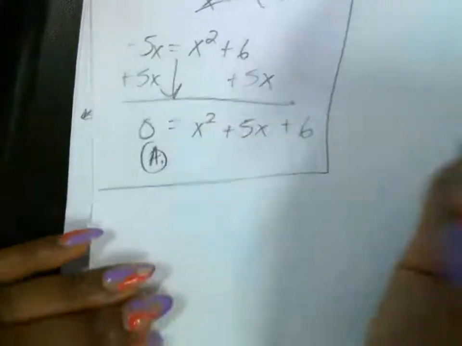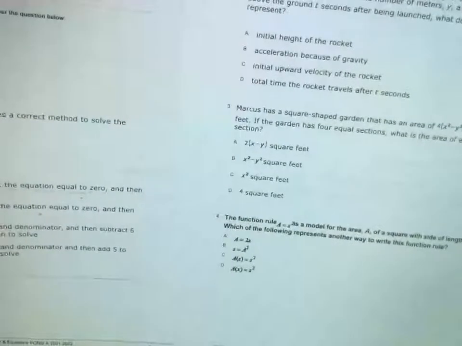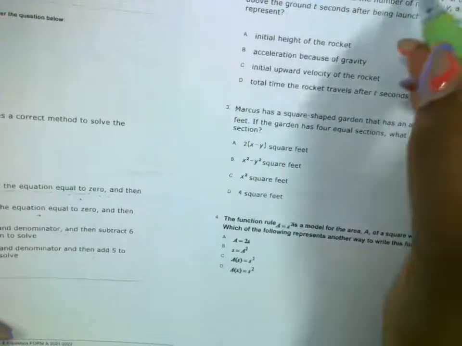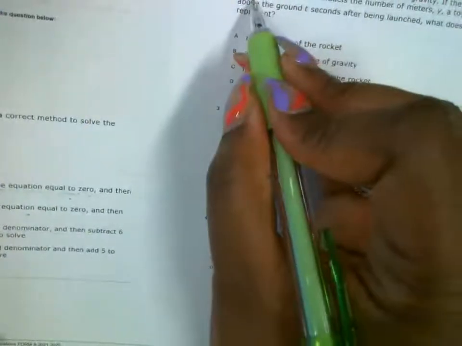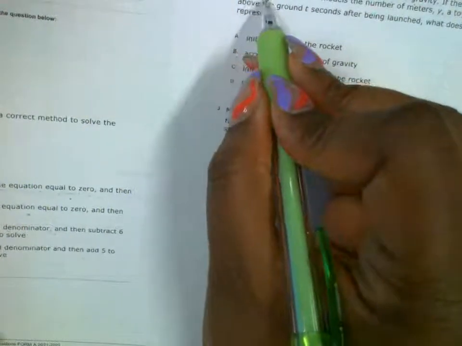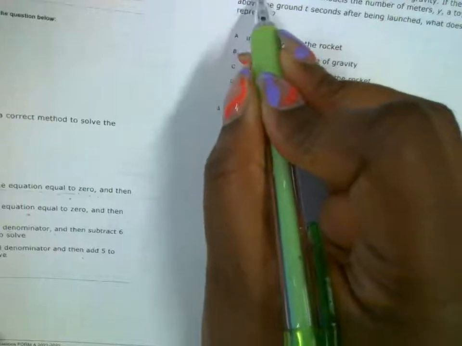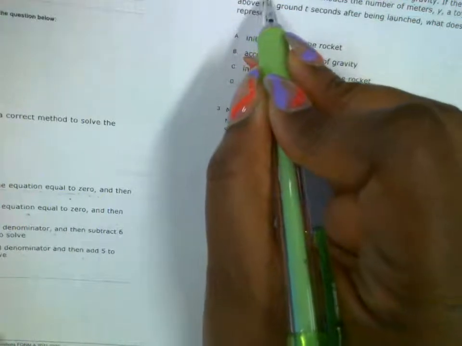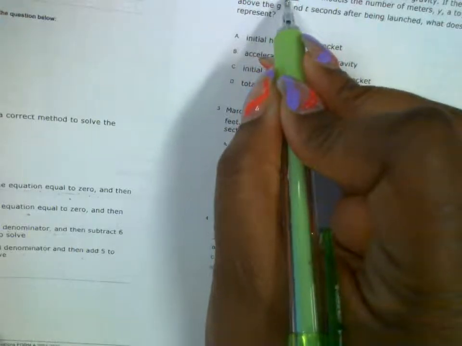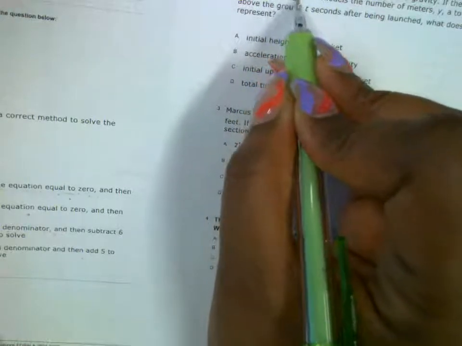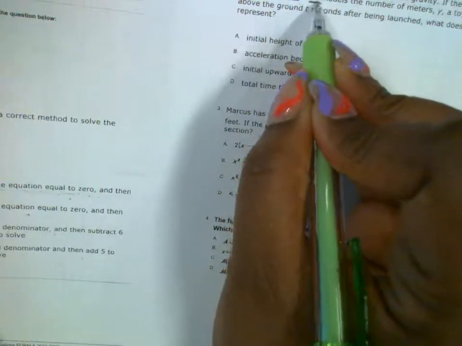All right, I'm going to move to number 2. The height in meters of the projectile involves the object's initial upward velocity and the acceleration because of gravity. And we talked about that today. This is the equation right here, -9.8 t squared, and then this right here, 109.7, and this is the starting amount.